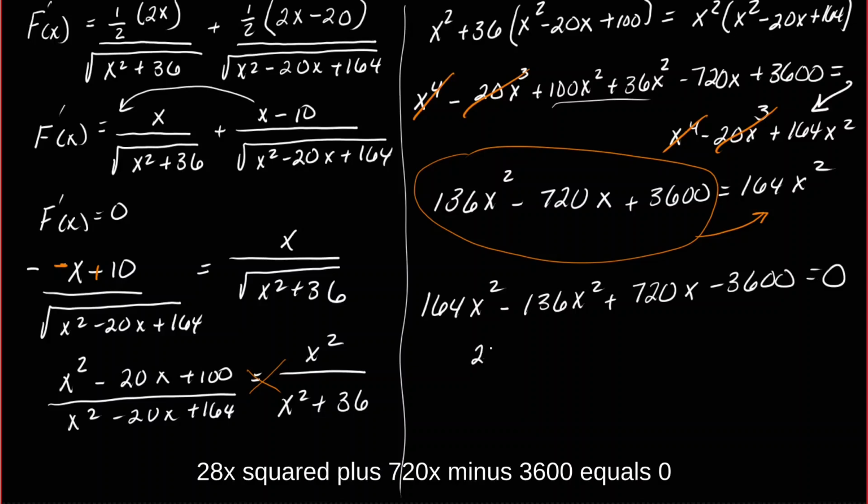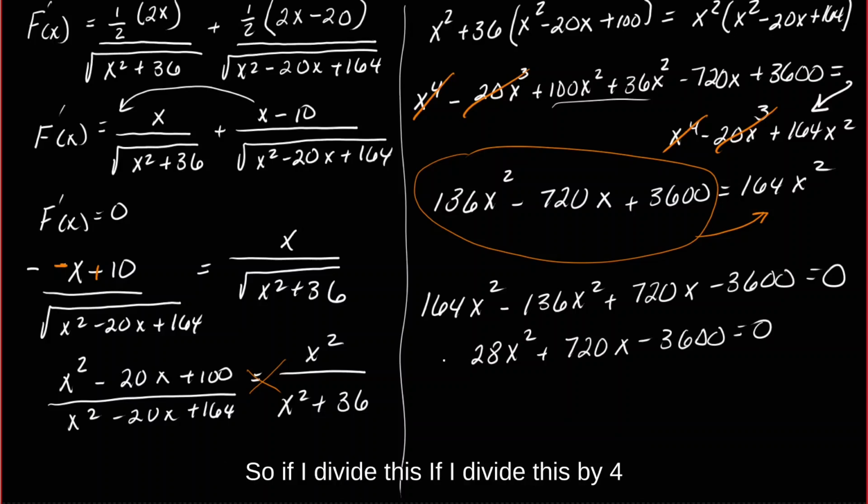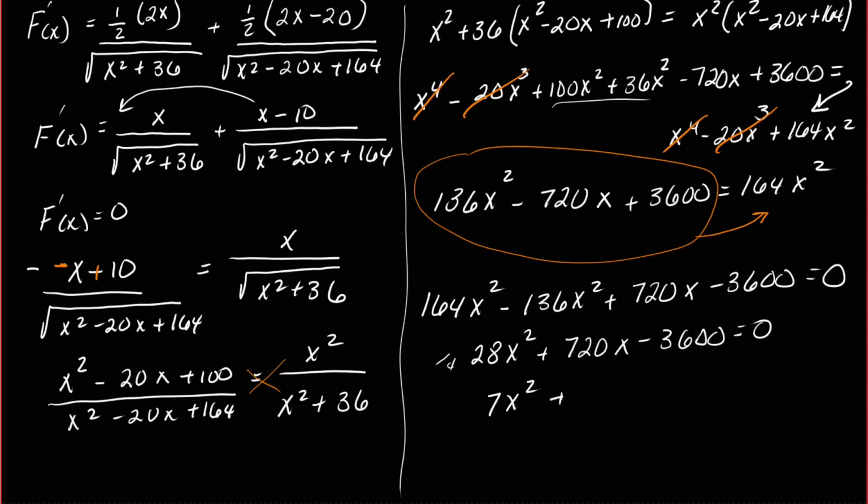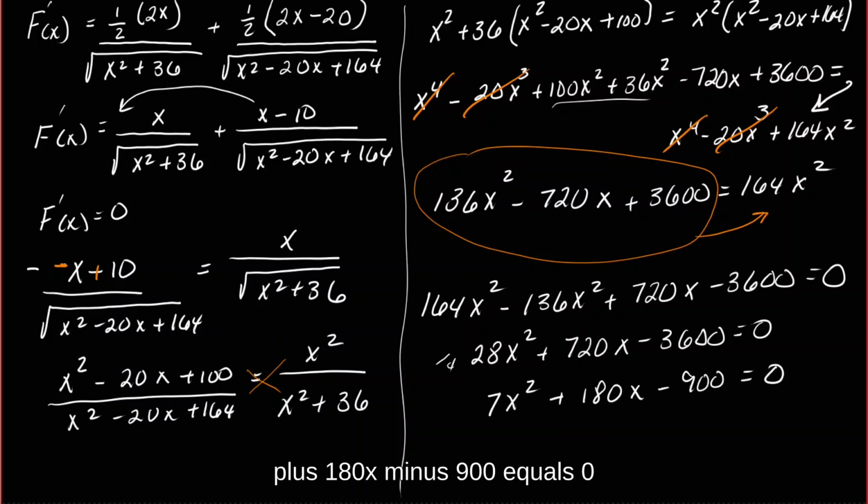This gives me 28x squared plus 720x minus 3600 equals 0. If I divide this by 4, I get 7x squared plus 180x minus 900 equals 0.